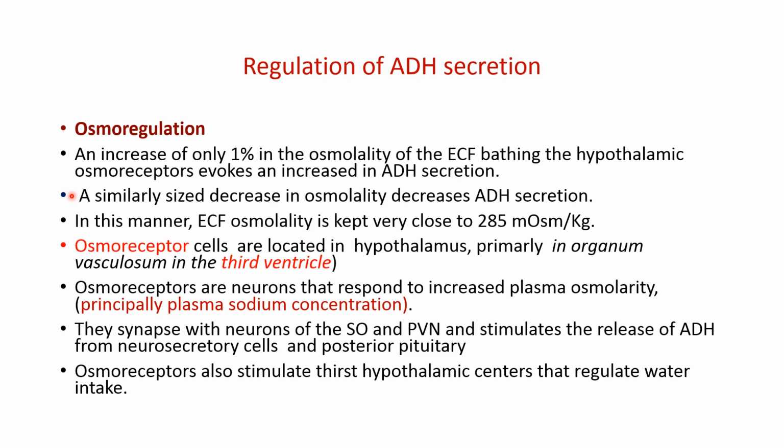And that's basically how we maintain our homeostasis in terms of our osmolarity. And you know that the plasma osmolarity from your body fluids lecture is about 285, 290. That's a range. It could be between 270 and 300. But that's about an average value. The plasma osmolarity, or the ECF osmolarity, is about 285 milliosmol per kilogram.